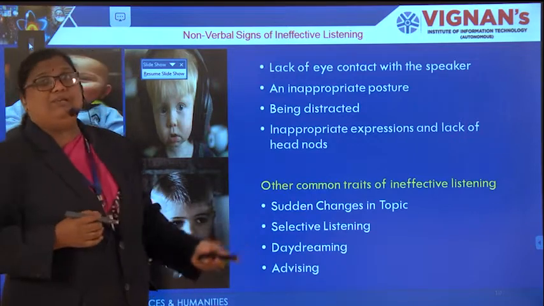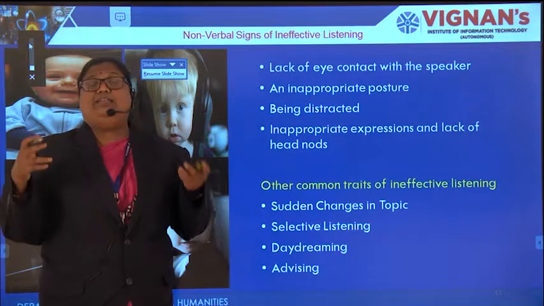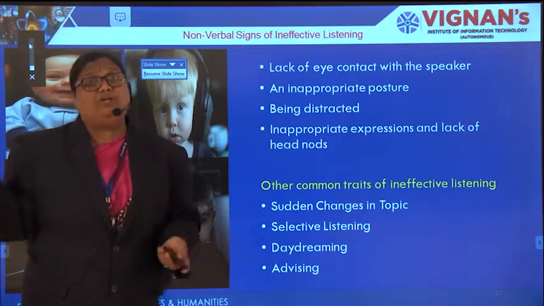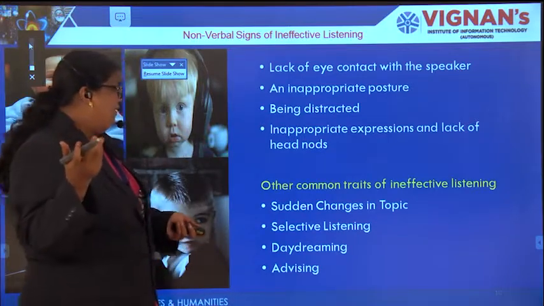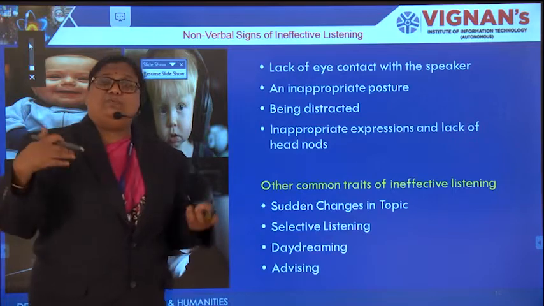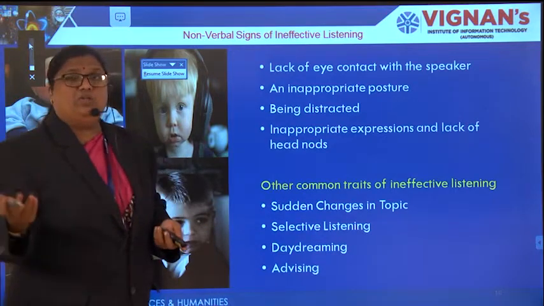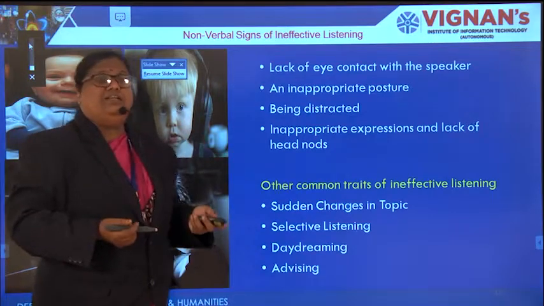And then daydreaming. At times, some people just open their eyes and dream, thinking about something. And then advising. A couple of people keep on giving advice, and based on the advice, people will listen. So that's also one of the disadvantages or common traits of ineffective listening.